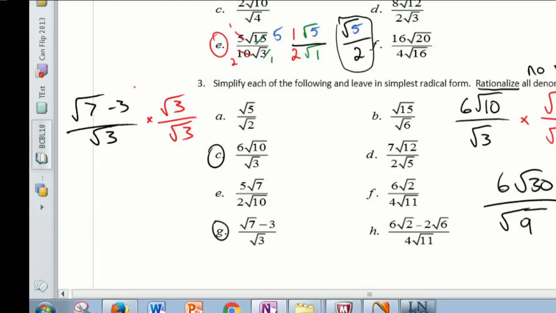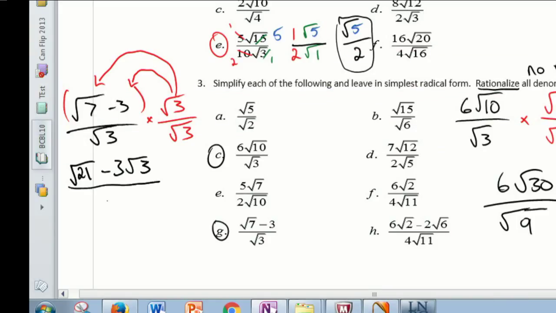So I'm going to multiply both the top and the bottom by root 3. Now, if you think about it, on the top, I have to multiply the root 3 by the first number, and I have to multiply it by the second number. On the bottom, there's only one term there, so I'm just going to write it down as root 3 and 3. So root 3 times root 7, 3 and 7 gives me 21, so I have root 21. And I have minus 3 root 3 now, multiplying by both those.